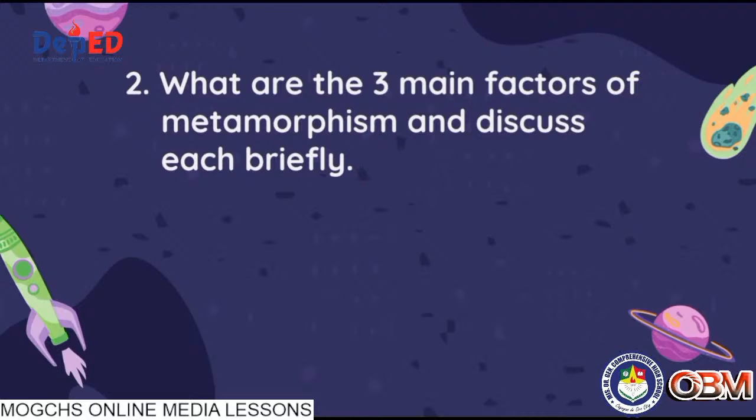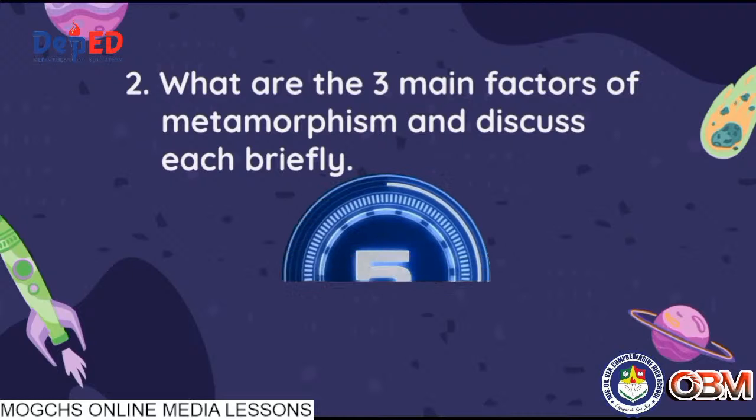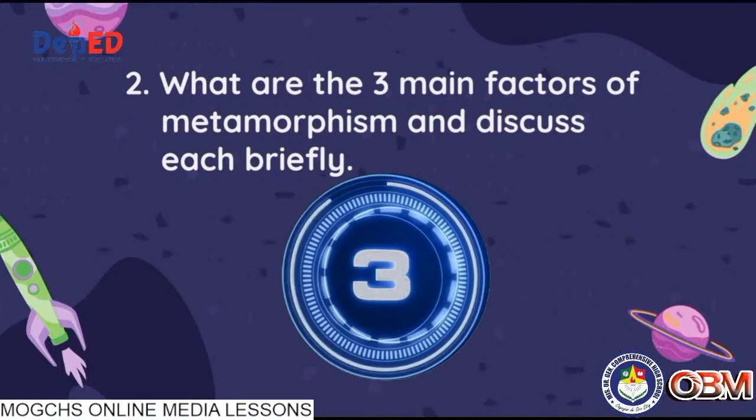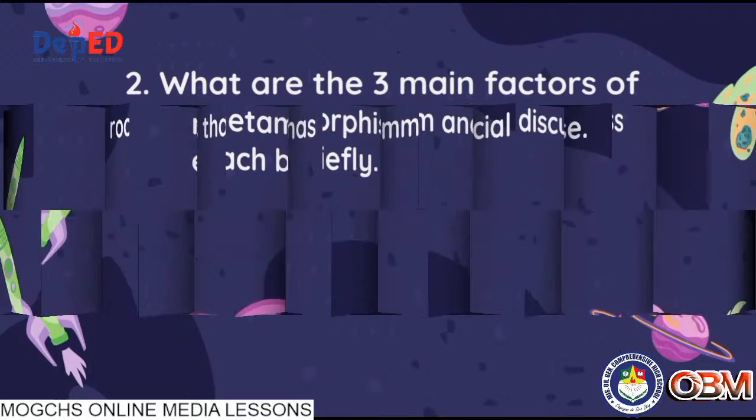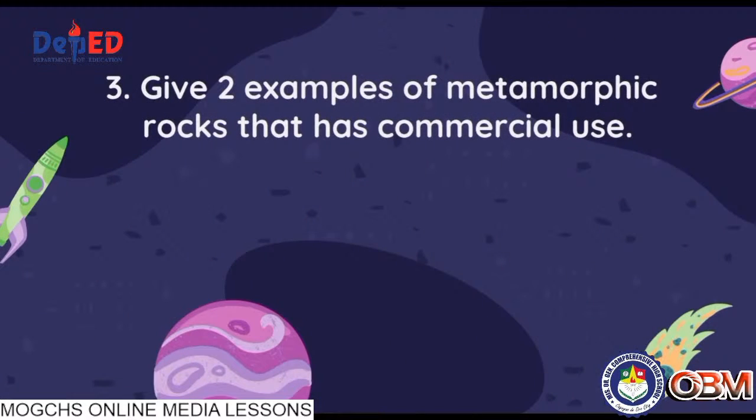Again, what are the three main factors of metamorphism? Number 3. Give 2 examples of metamorphic rocks that have commercial uses. Again, give 2 examples of metamorphic rocks that have commercial uses.